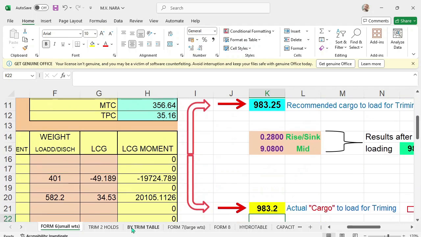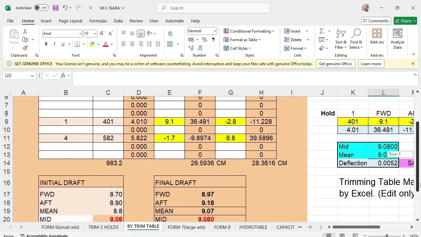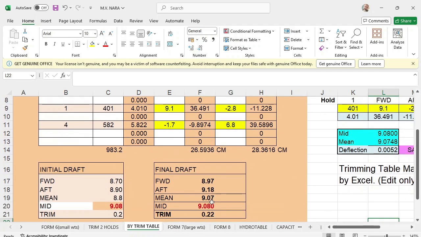Number 1 is 401, number 4 is 582, and you apply your correction forward and aft in number 1, and your correction forward and aft in number 4, and your final drop would be 8.97, 9.19, mean is 9.07, and you have a trim of 22.